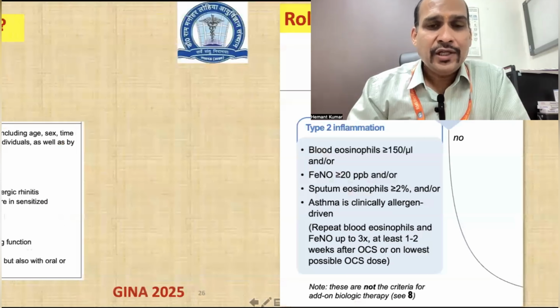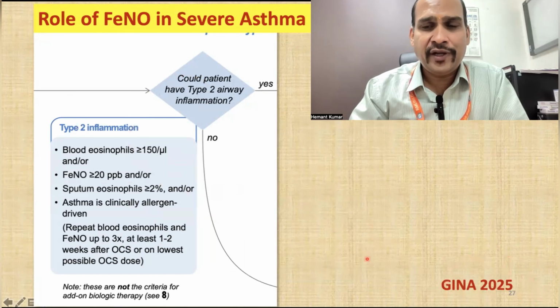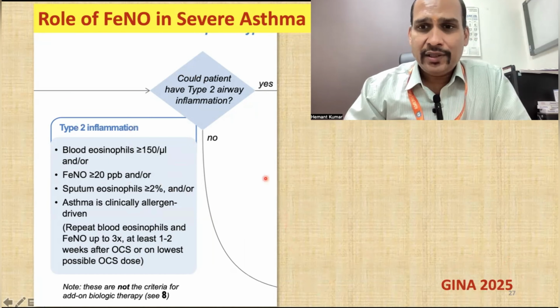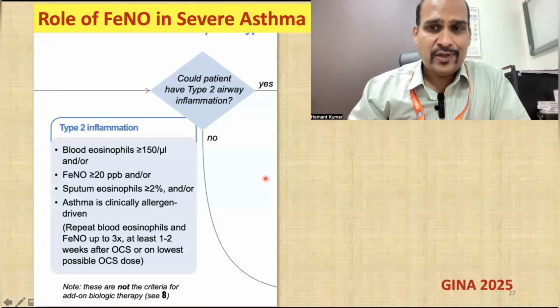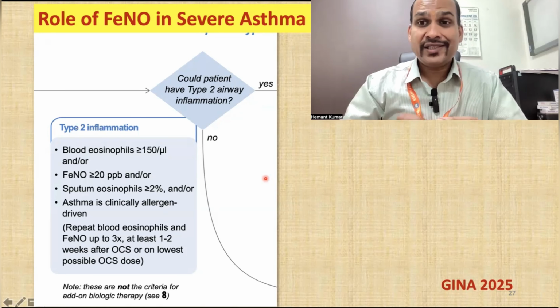Okay. So this is a beautiful chart you have seen in GINA 2025. FeNO level is useful for severe asthma also. So how does it help in severe asthma? First of all, we should know what is severe asthma.